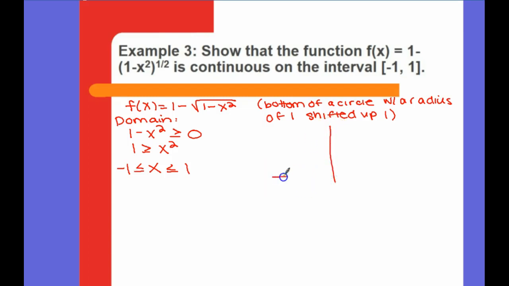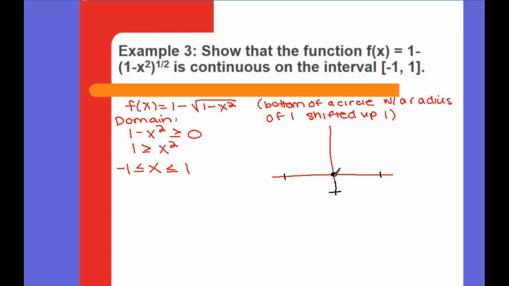So we talked about what it looks like. We know it's a radius of 1. So a radius of 1 usually goes from here to here and down 1. But now the graph is shifted up 1. So instead of being here at 0, we'll be in the center at 0, 0. Plug in 0. 1 minus 0 squared is 0. Square root of 1 is 1. 1 minus 1, 0.